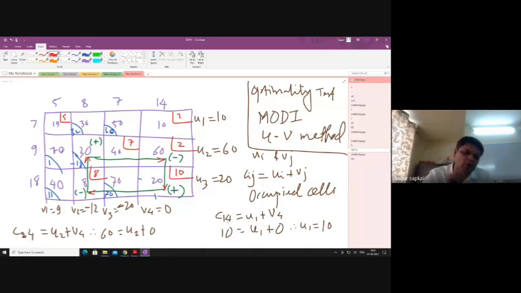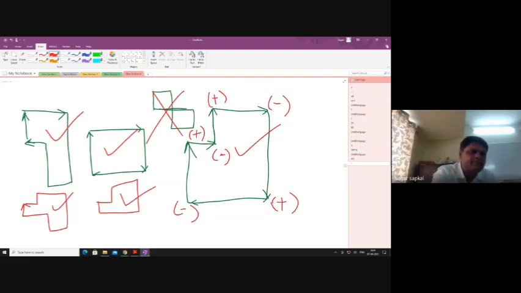Now add that 2 to the plus sign cells and subtract it from the minus sign cells and rewrite the table. Add that minimum value of the minus sign marked cell to the plus sign cells and subtract it from the minus sign cells, and rewrite the table. Now tell me the table.